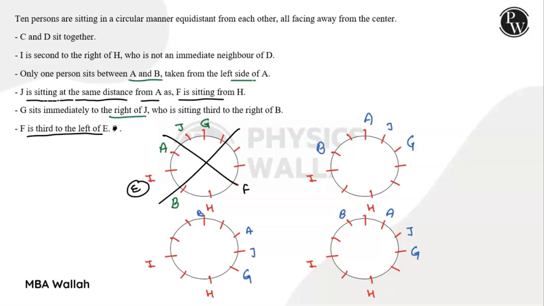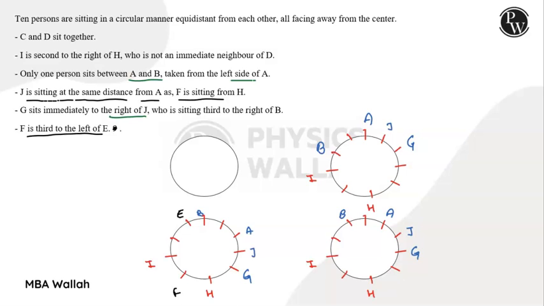Now, in this case, F will be here only because this is the only possibility. In this case, E will be sitting on this position. So we will eliminate this case. This case is eliminated now. E will be sitting at this position.